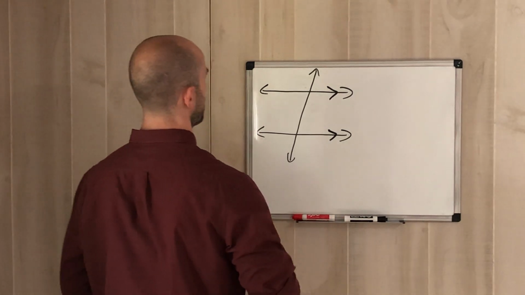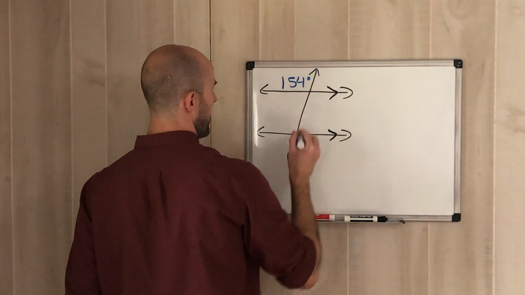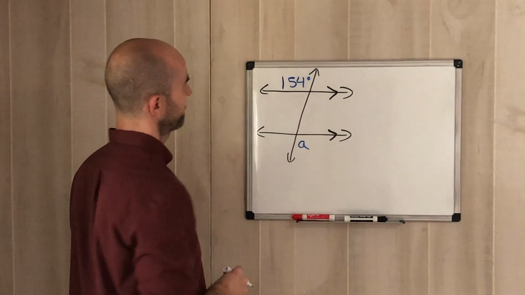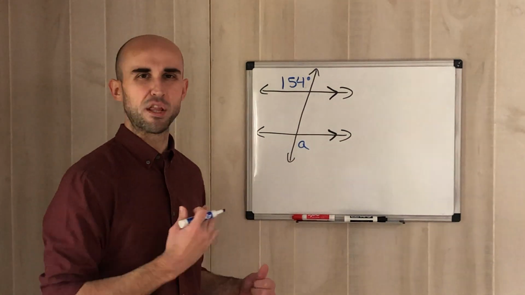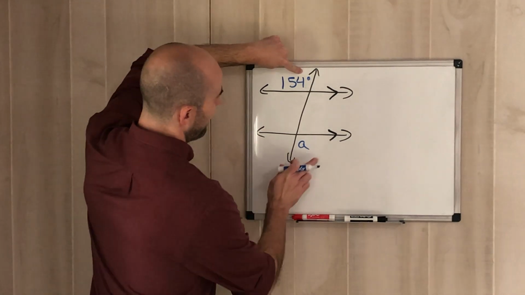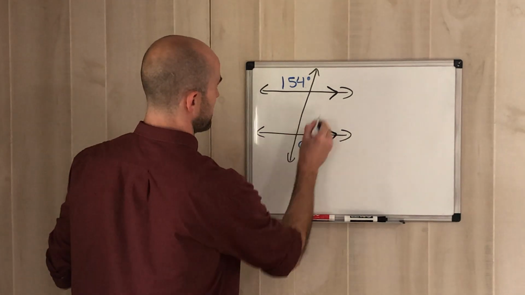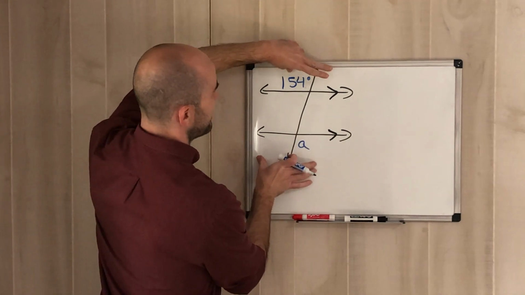Let's say now that this one here is going to end up being 154 degrees, and I want to solve for A. Then, always in the back of your mind, think, what kind of angles am I working with? This here is on the left, that's on the right. They're both outside now, because everything here is inside, everything here is outside.